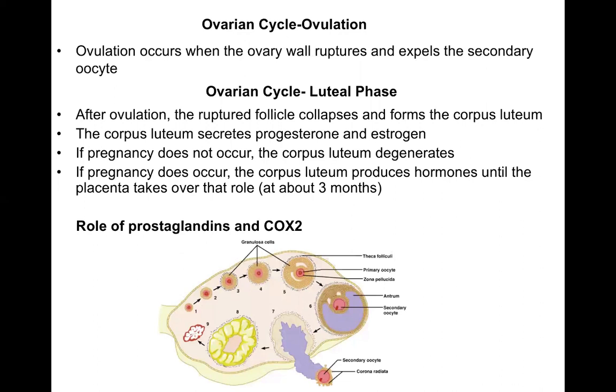It increases the local prostaglandin concentration. It increases platelet activating factor and other vasoactive agents that cause subsequent dilation of the capillaries in the theca interna of the follicular cell.